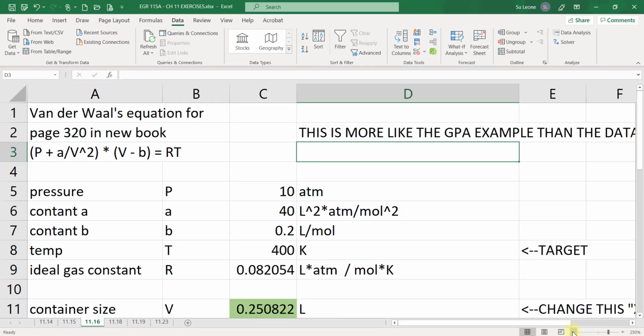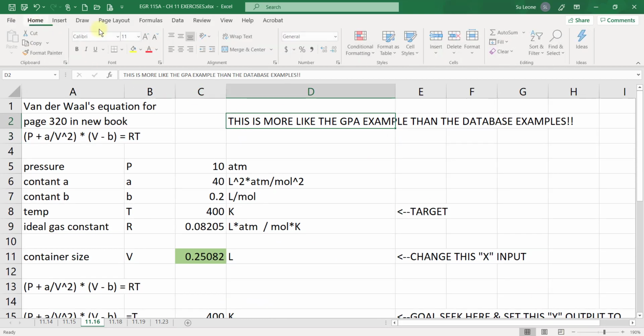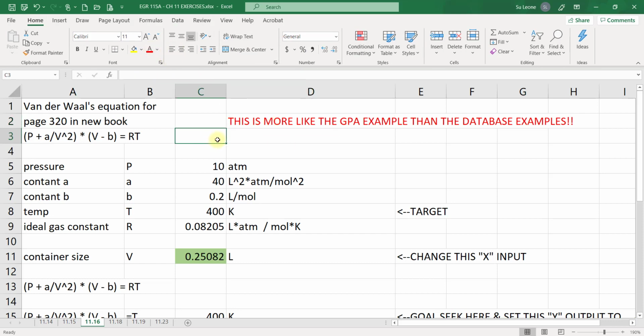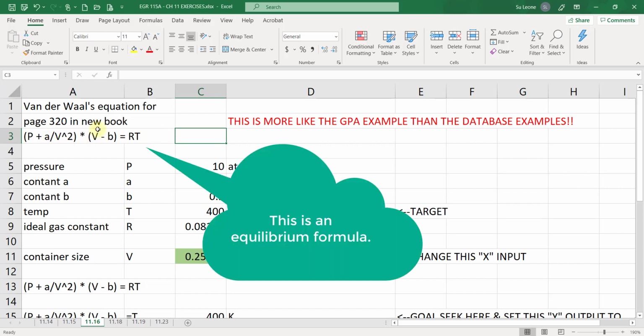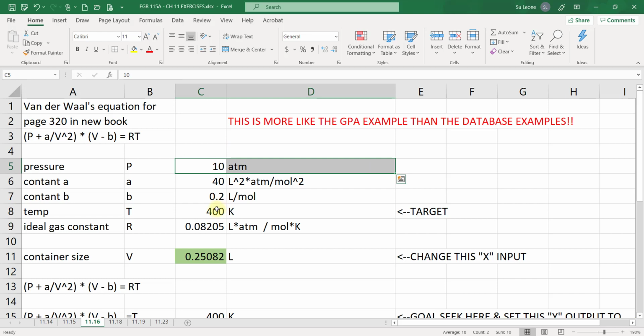So now, this one is more like the GPA example than the database examples, the ones with lists. Because here, we're not trying to get to 0. We're trying to get a target. What has to happen, we're given this formula, and we're trying to find what is going to be the volume given temperature and a pressure.